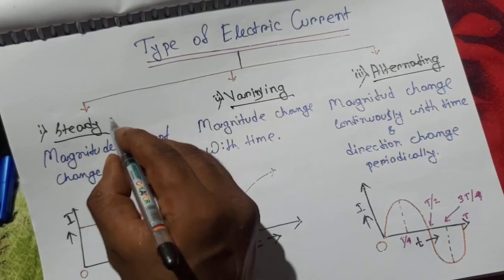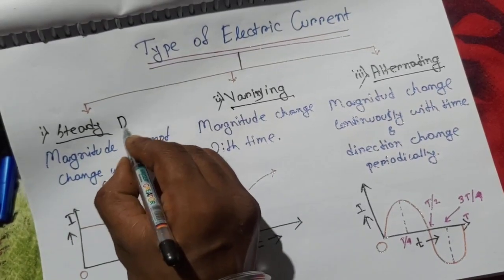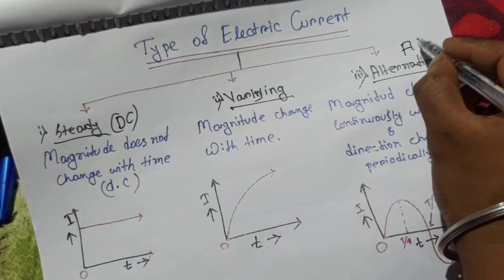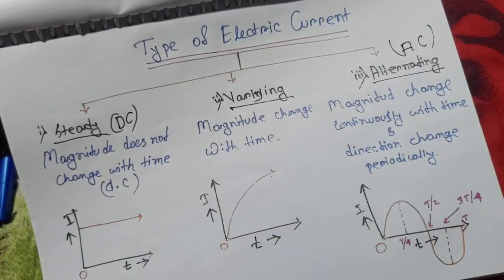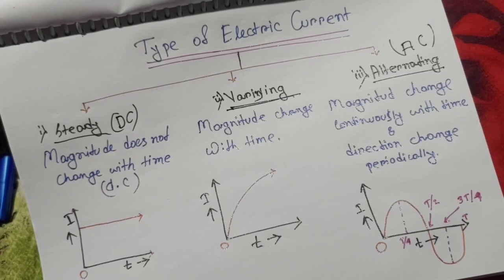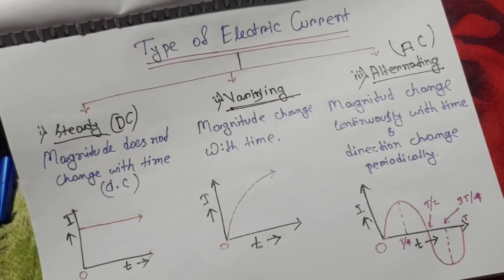The steady one is called DC, the alternating one is AC, and one is the normal varying. Okay, so steady current or DC current, varying current, and alternating current or AC current.